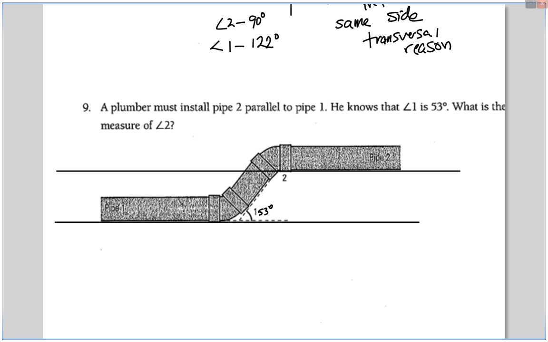And the transversal cutting through in blue is like this. So again, same side, interior transversal, supplementary. It seems like if you're stuck, maybe just subtract from 180 and you could get lucky. So there's angle 2, 127 degrees.